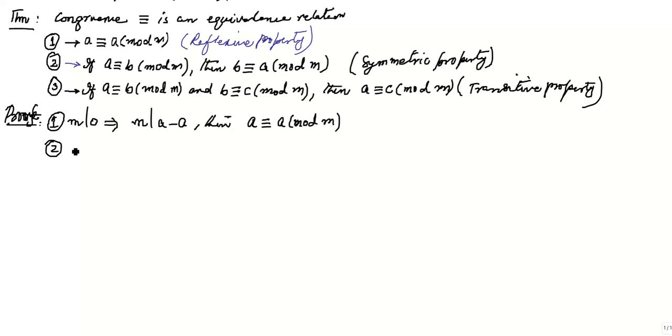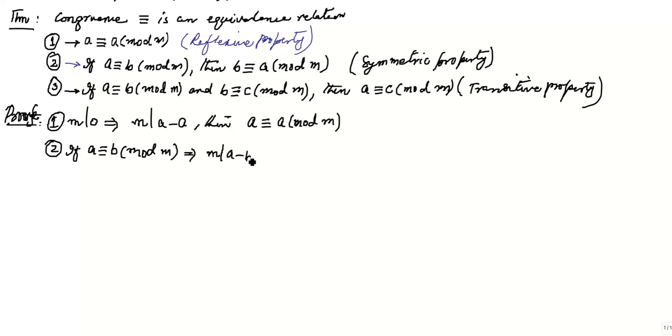So if A is congruent to B modulo M, here we will invoke the definition of congruence that says M divides A minus B.